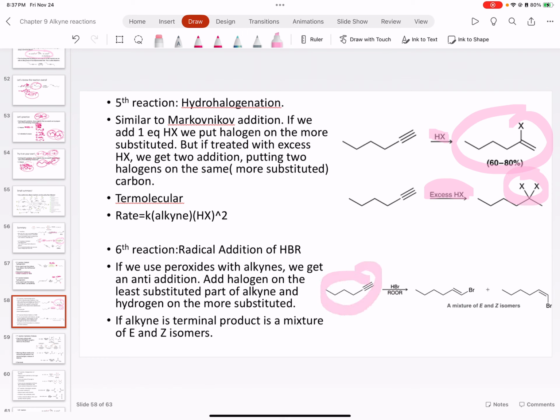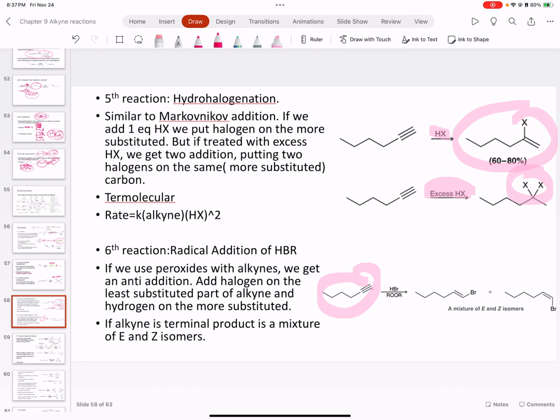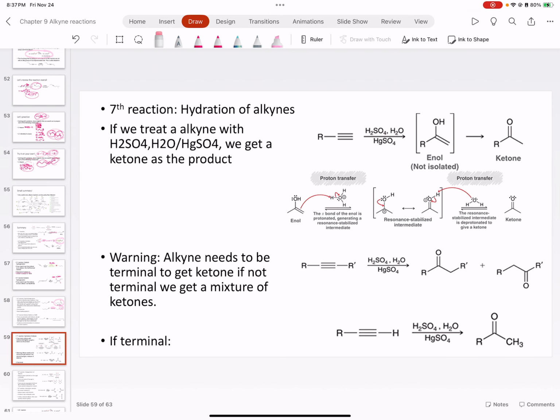So you can see we have a terminal alkyne with HBr and ROOR. Remember, peroxides normally represent anti-Markovnikov, so we're going to add it to the opposite side. And this is going to produce a mixture of E and Z isomers.